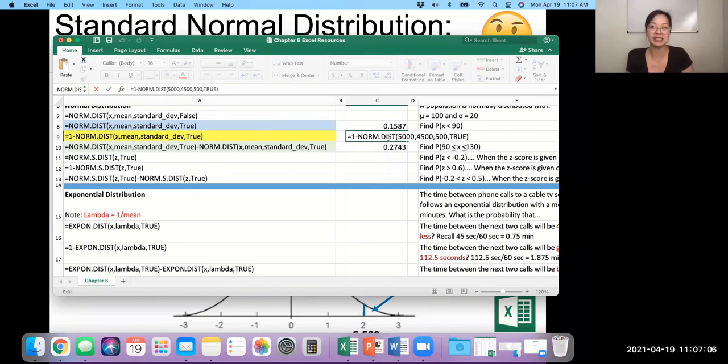Or if you want that extra practice, just type the whole thing, right? 1 minus norm.dist. In this case, our X is now the 5,500, and then the mean's 4,500, and the standard deviation is 500, and then true. So do what you're comfortable with. If you're just changing it out after you know you got the earlier parts correct, or if you want to start fresh from scratch, you can give it a shot.